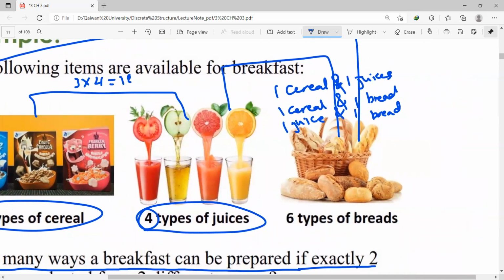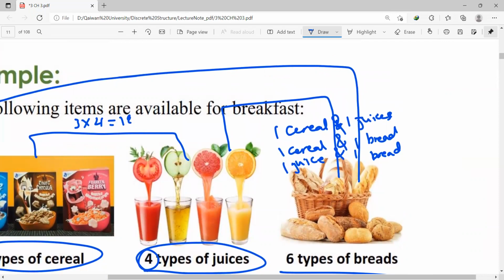And also for juice and breads, for these two, we say if we pick a juice, how many ways do we have? 4, because we have 4 types of juice. And also if we pick one type of bread, how many ways do we have? 6, because we have 6 types of breads.